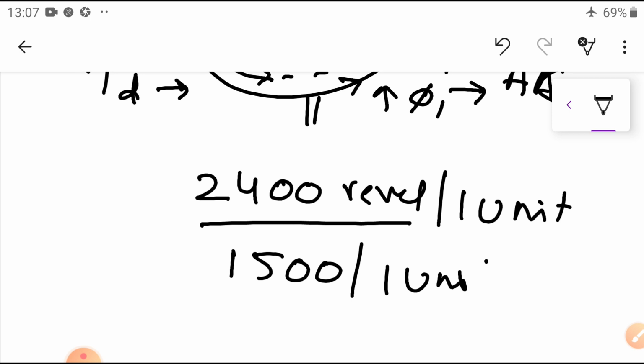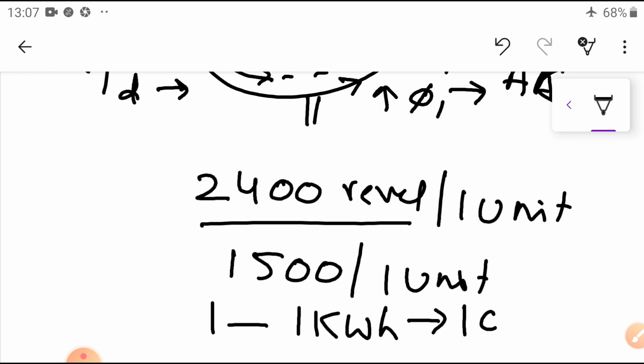What is 1 unit? 1 unit is equal to 1 kilowatt hour, that means 1000 watt hours. So in 1 hour it rotates nearly 2400 revolutions. That is for 1 unit.